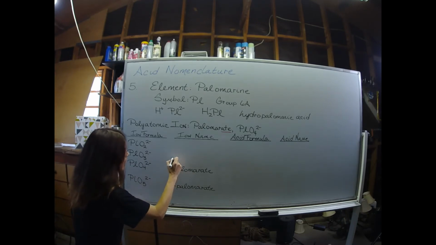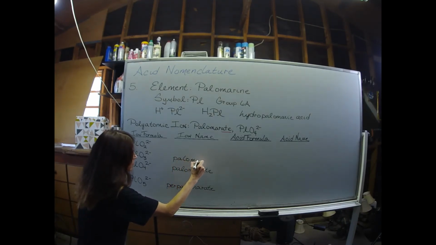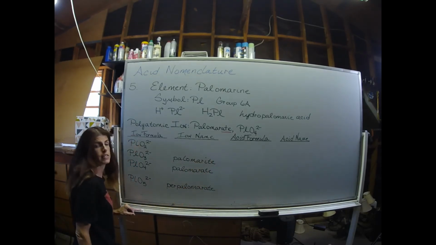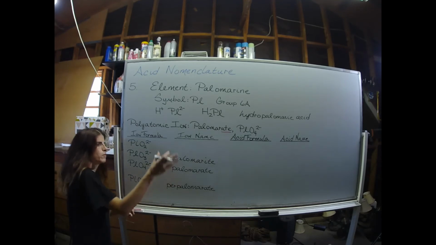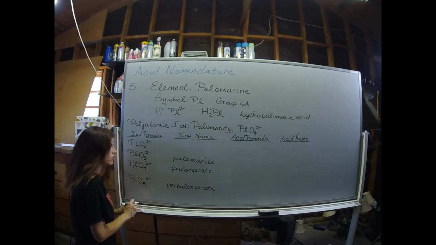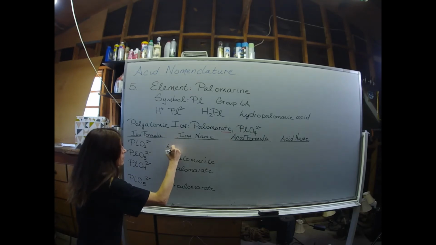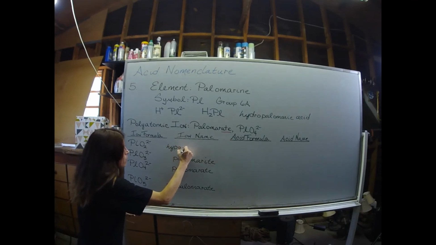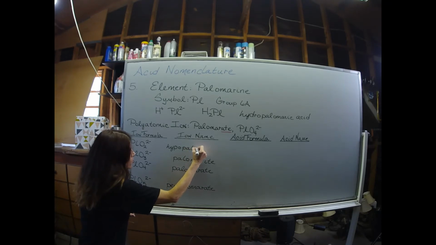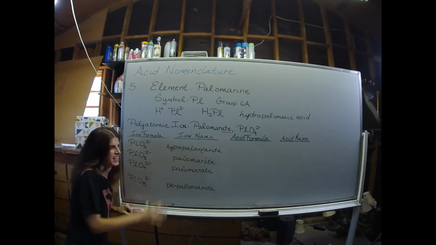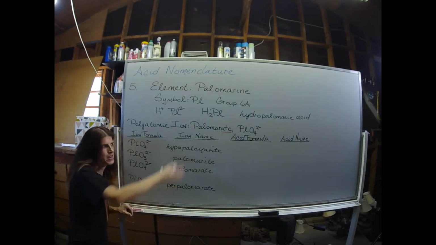And now we're going to have ite. So this is going to be palomite. And then the one with the least amount of oxygens in the sequence is going to have the prefix hypo in front of it. So hypopalomite. Such cool stuff, huh? Because I could give you any polyatomic ion and you can complete the sequence.